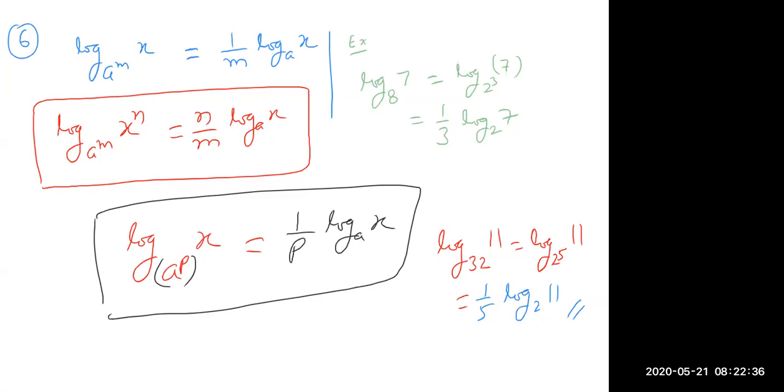Not 11, log 11 to the base 2. It is log, not power 11. Okay. So now this property is clear. And then suppose x raised to power n is here. So x raised to power n will be here, and then this n will come here. So this will become n upon p log A x using the previous property.